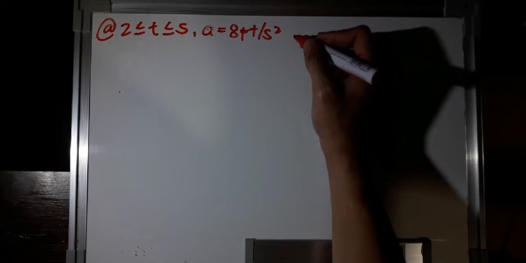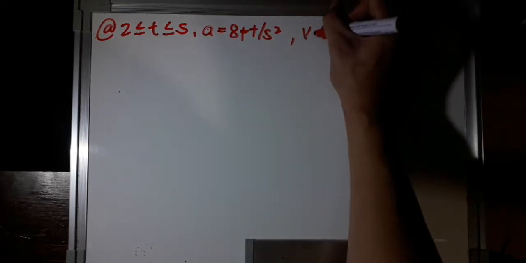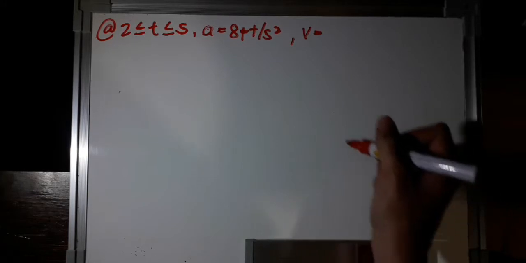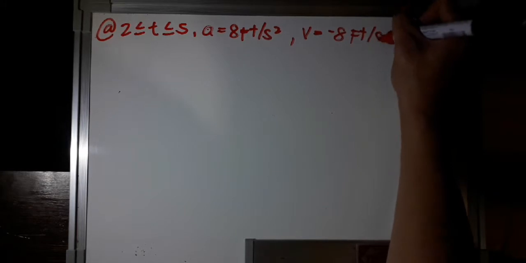The next time interval that we have is 2 to 5, which has an acceleration of 8 feet per second squared. The initial velocity that we are going to use here is the velocity at 2 seconds, so that is negative 8 feet per second.